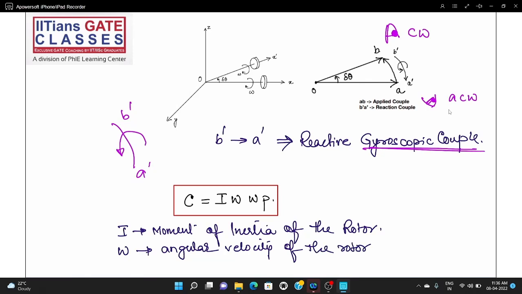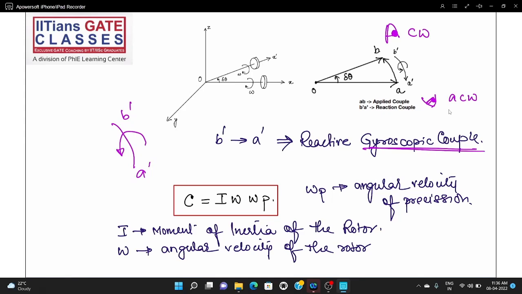And there is one more term, that is omega P. What is omega P? That is the angular velocity of precession. Okay, so there are three terms.